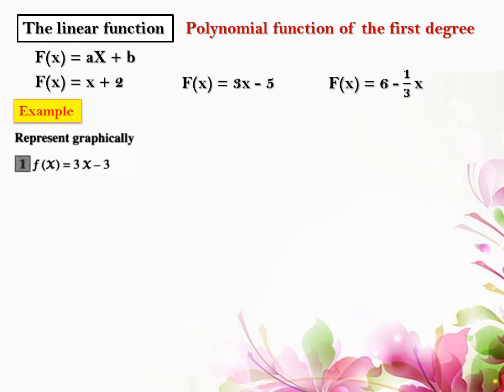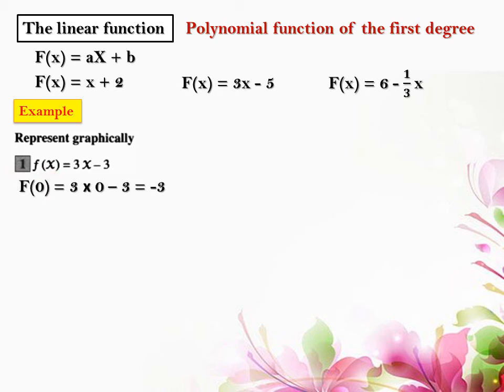First of all, we will determine three values for x and we will get the corresponding values of f of x, or we will say y. f of x is y, so we will choose three values for x like 1, 2, 0, and we will get the corresponding values for f of x or y.